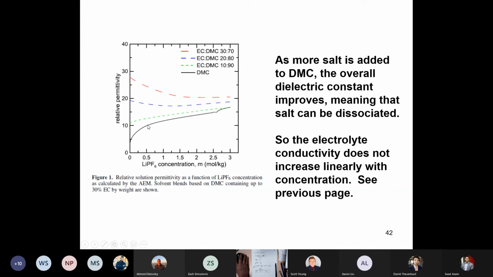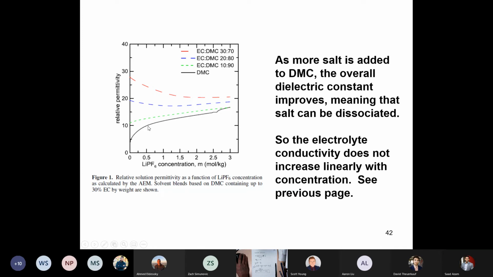And eventually, the solution can dissolve more salt. So at the beginning, because the dielectric constant is so small, you have tons of ion pairs. Okay, so the ion pairing exists at low concentration in these low dielectric solvents, not at high concentration.